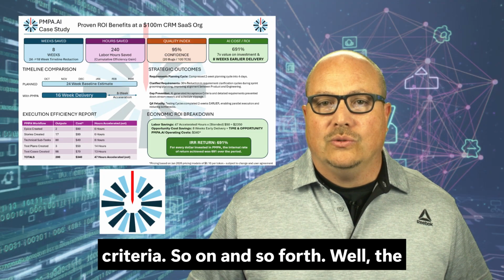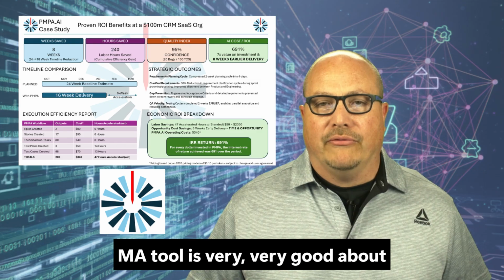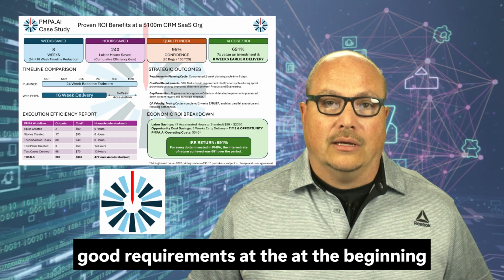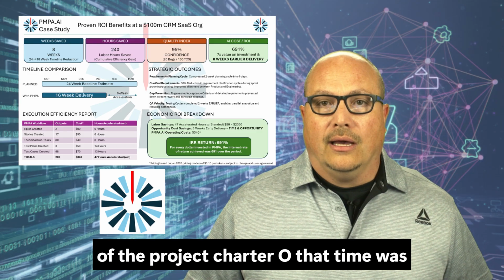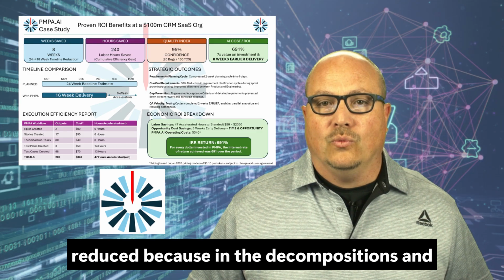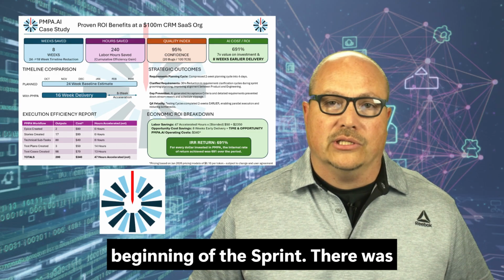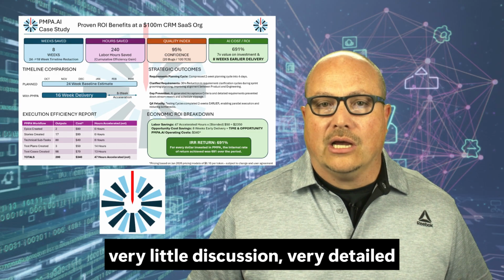Well, the PMPA tool is very, very good about providing detailed requirements, given good requirements at the beginning of the project charter. So that time was reduced because in the decompositions and planning and review sessions at the beginning of the sprint, there was very little discussion.